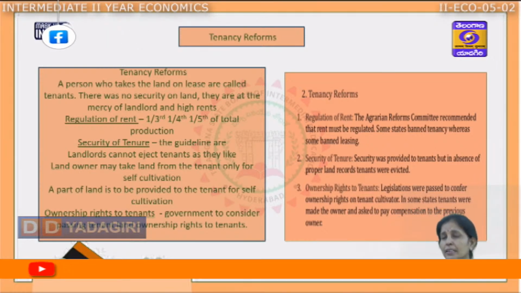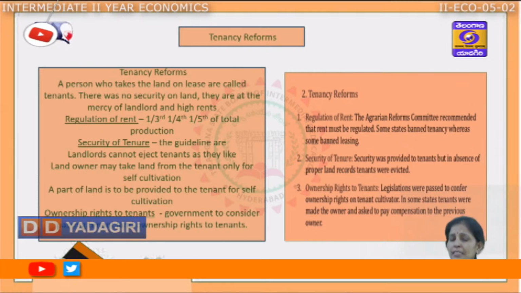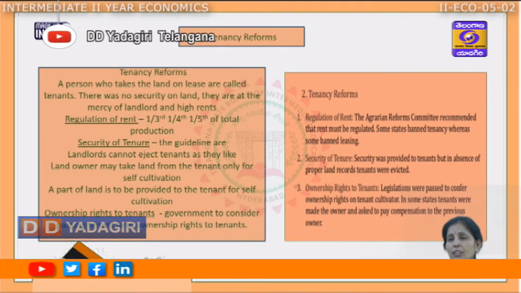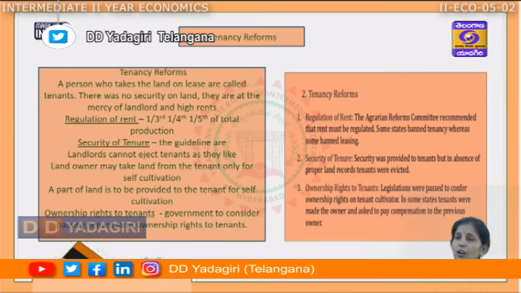The next one is security of tenure. There are certain guidelines. There was no security to the tenants when they were taking the land on lease. So the tenancy reform has provided security of tenure.